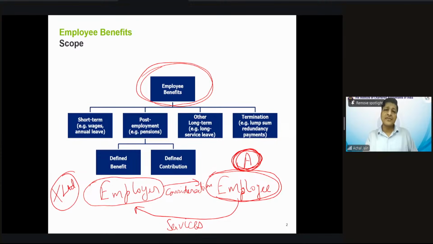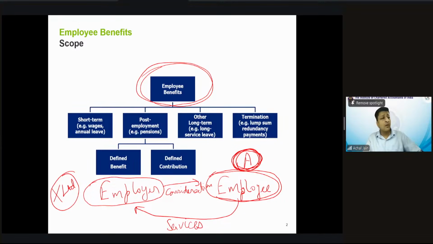Post-employment means those benefits which are provided after the employment, once the employee retires. Termination means if the employee is terminated before the normal retirement date and any benefit is payable to him. Other long-term is the residual category. Any benefit which doesn't fall under short-term, post-employment or termination falls under other long-term employee benefits.